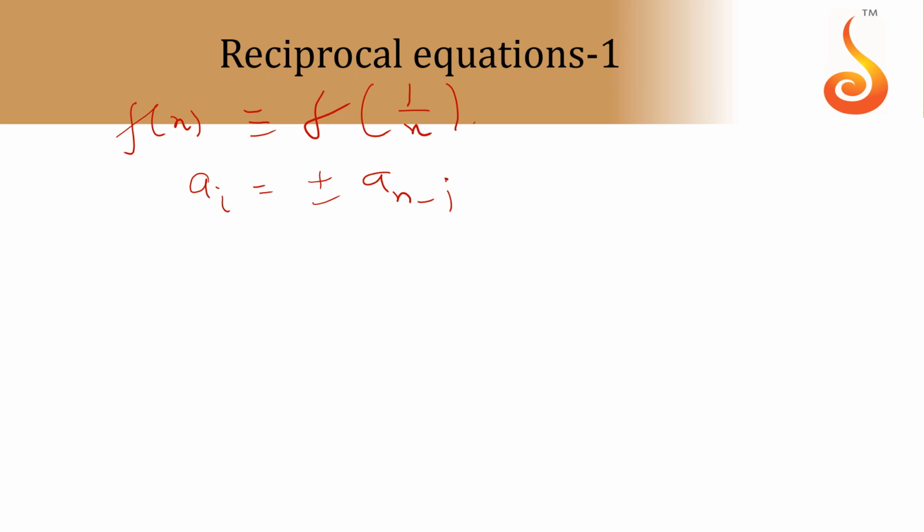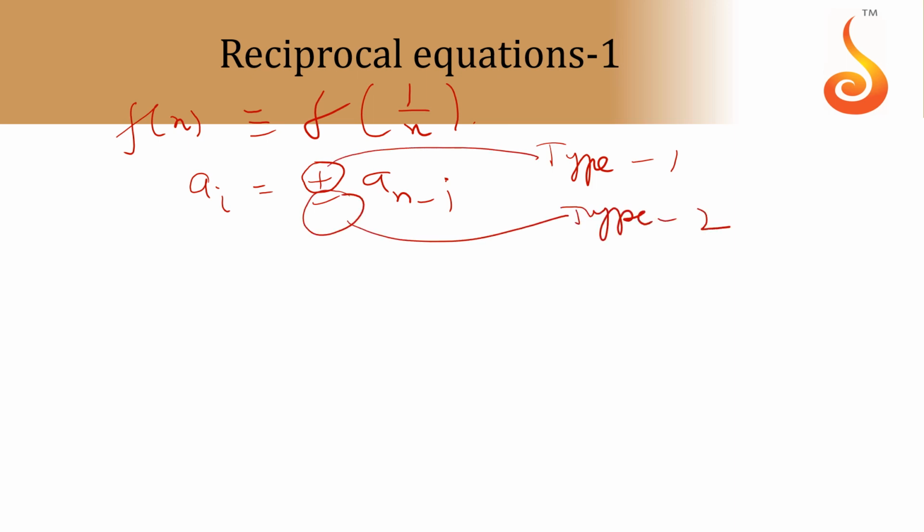Means first coefficient, last coefficient, second coefficient, last but one coefficient, they will be equal, or their corresponding sums will be 0. There will be two possibilities for reciprocal equations. If you have plus sign, that is called reciprocal equation of type 1. And if you have minus, it is called type 2.